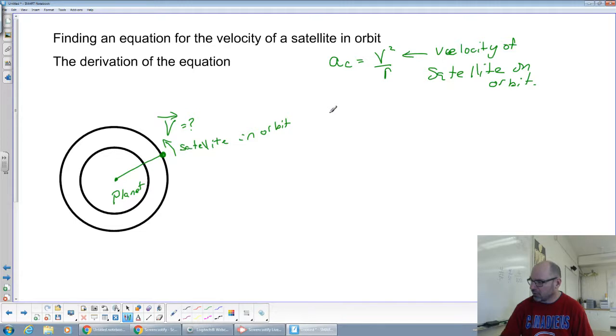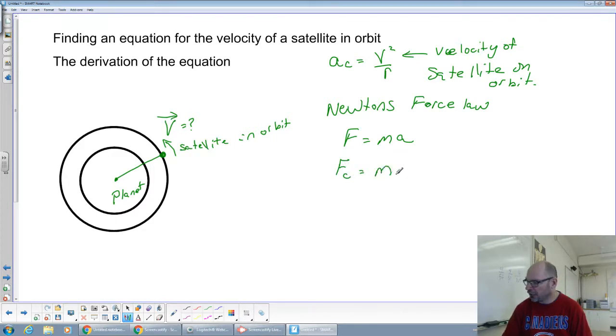Okay, so Newton's second law, Newton's force law, if you like: F equals ma. So F centripetal equals mass of the satellite times this acceleration, which is v squared over r.